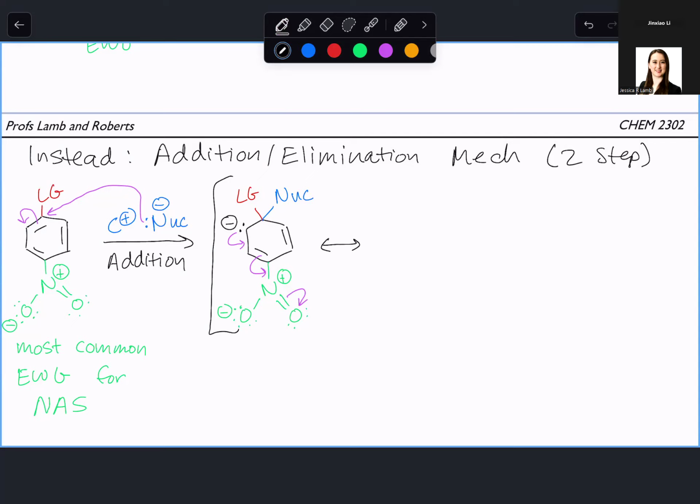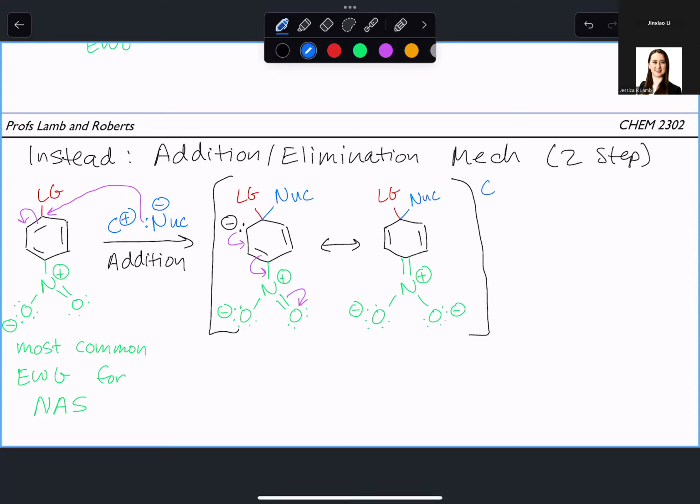But for now, I'm just going to show the most relevant one. What didn't change, our leaving group and our nucleophile are still attached to the same carbon. Now, our nitrogen is double bonded to the ring. And we have two negatively charged oxygens attached here. Okay, and this whole thing has this counter cation.